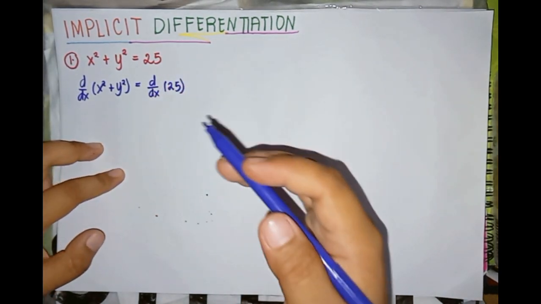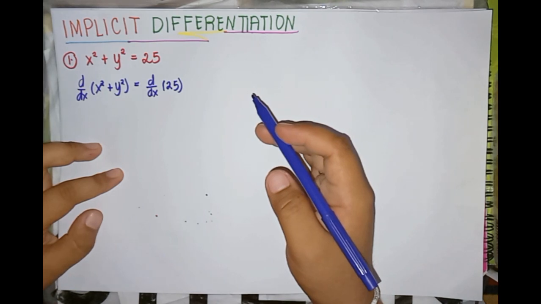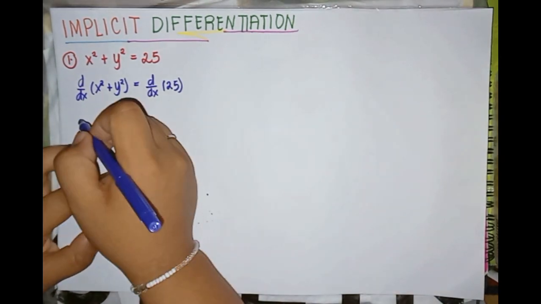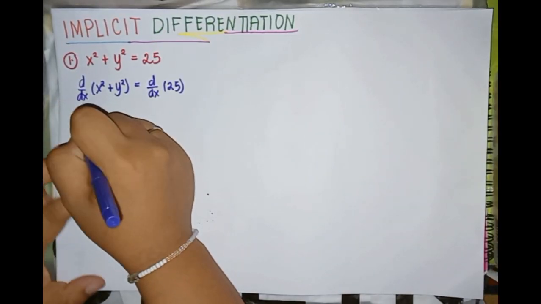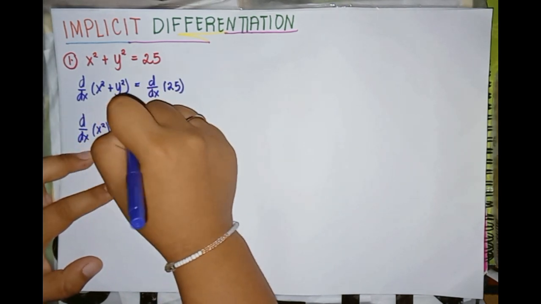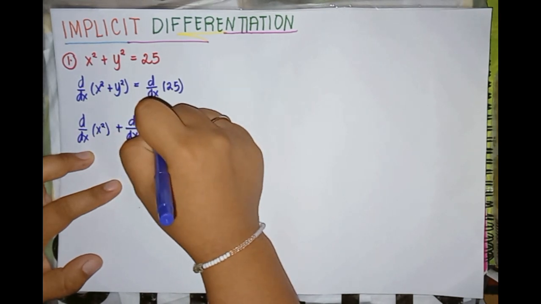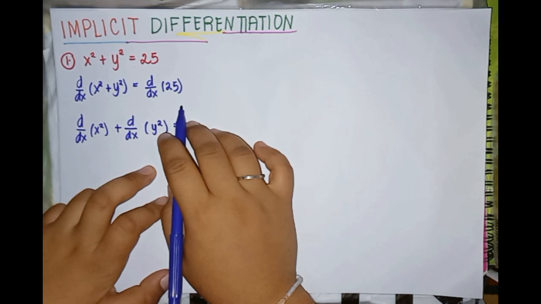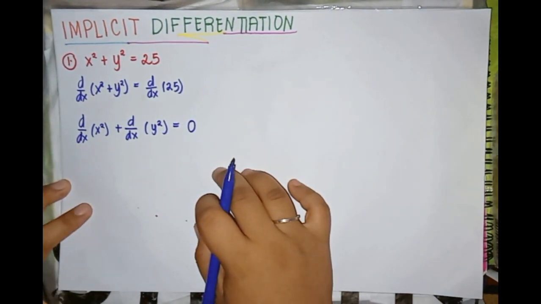Now, we are using d over dx to tell us that we are differentiating with respect to x. We know that the derivative of a sum is just the sum of the derivatives, so let us rearrange things and evaluate. So we have d over dx of x squared plus d over dx of y squared is equal to the derivative of a constant, which is 0.